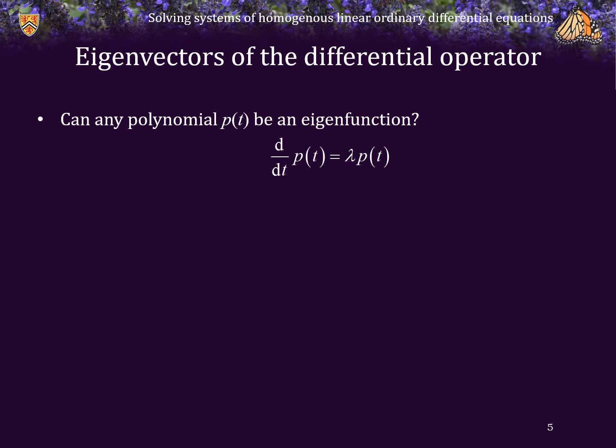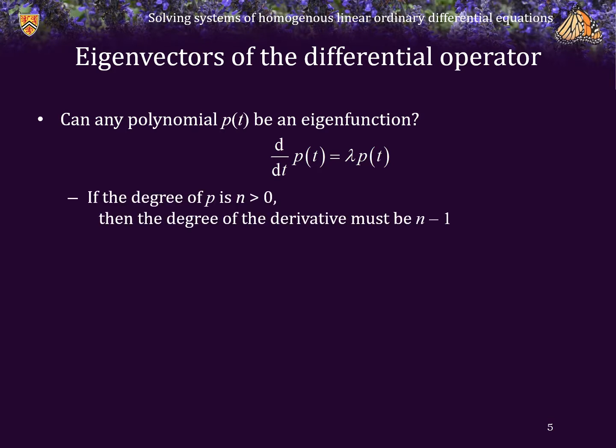Now, can any polynomial p(t) be an eigenfunction of the differential operator? That is, is it possible for a polynomial, when differentiated, to end up being a scalar multiple of that polynomial? Well, not really, because if the polynomial is of degree n and n is greater than 0, then the degree of the derivative must be n minus 1.